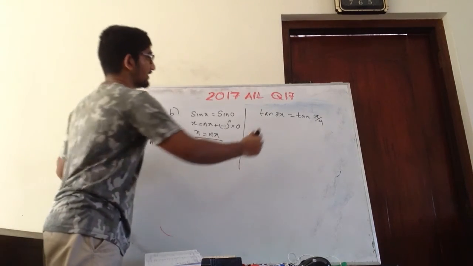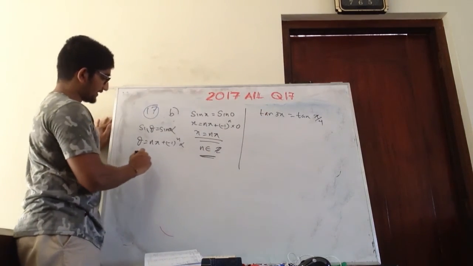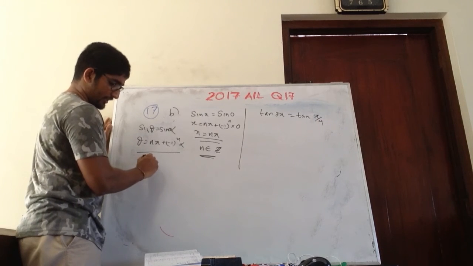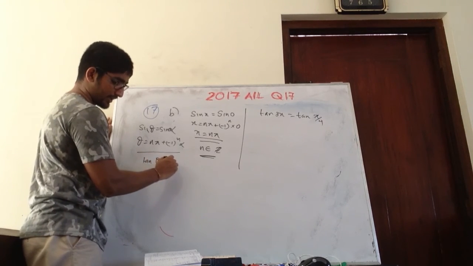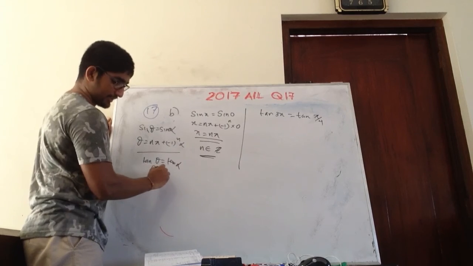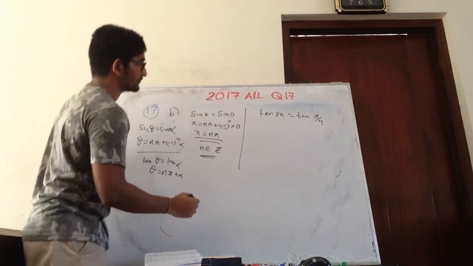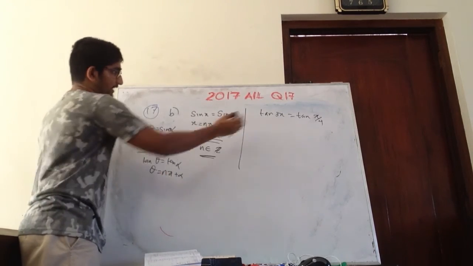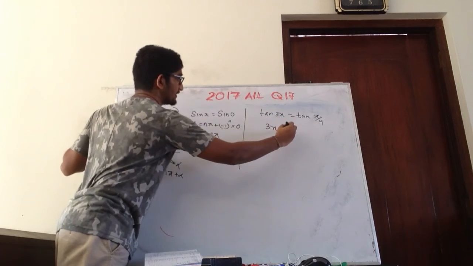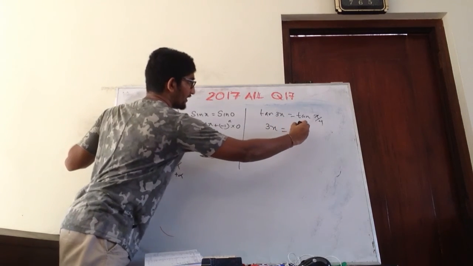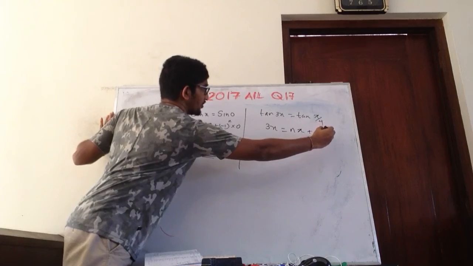Here we get tan 3x. For tan theta equals tan alpha, we get theta equals n pi plus alpha. Here this theta is 3x, so 3x is equal to n pi plus pi over 4.